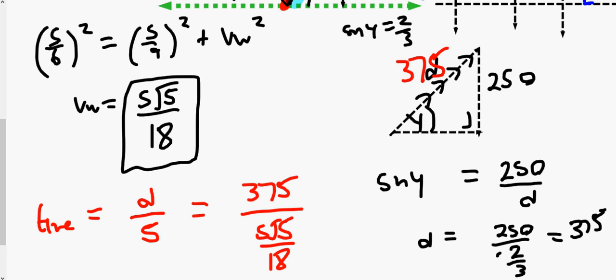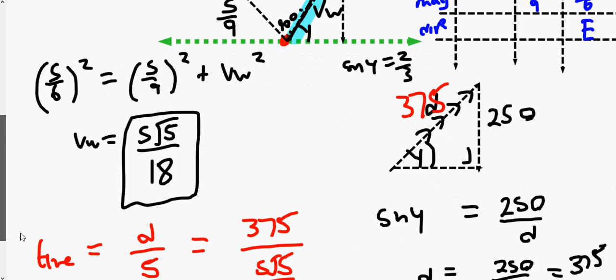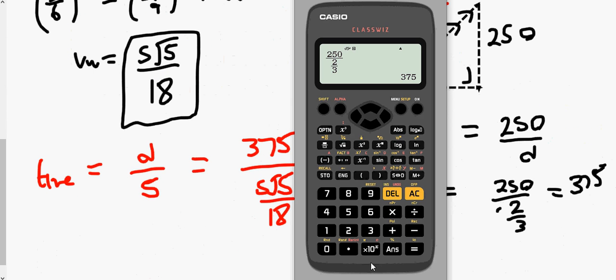I believe we're looking for minimum time. Find the time taken. Okay, so here's hoping this works. 375 divided by 5√5 divided by 18.